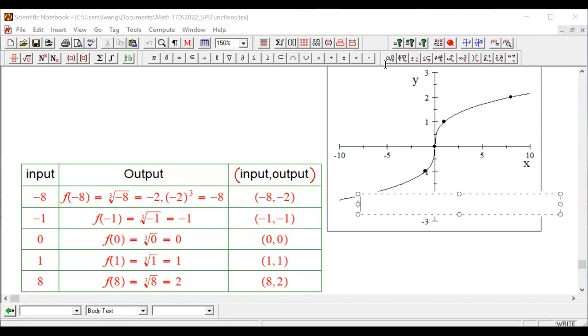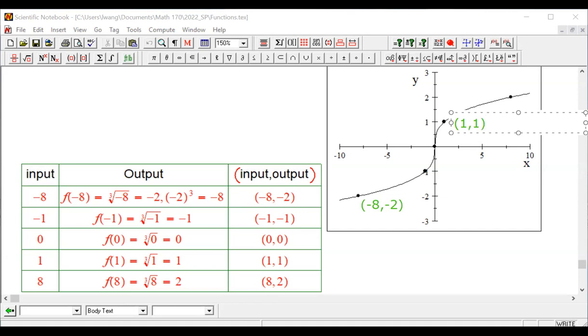So this point is input -8, output -2. Over here, the input is 1, output is 1. And on this point, it's 8, 2. So that's the curve for the cubic root function.